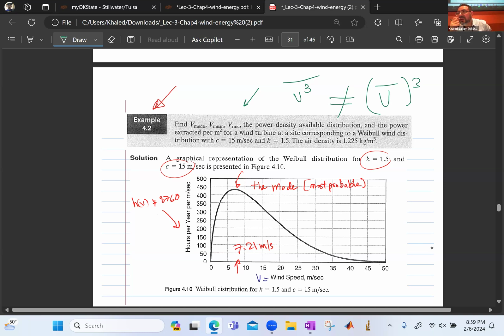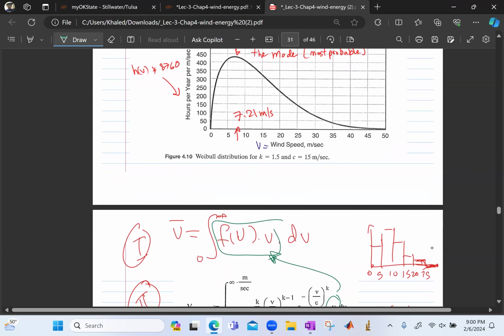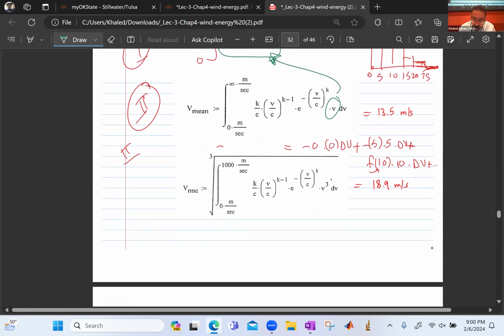The average of the cube is not the cube of the average. So how do I get the average of the velocity cubed? Same as the average velocity, same with any quantity: v squared, v cubed, v. If you want the average of anything, you multiply that thing with f of v and do the same integration.